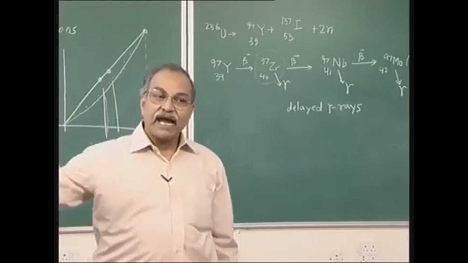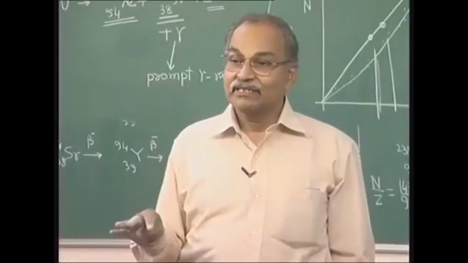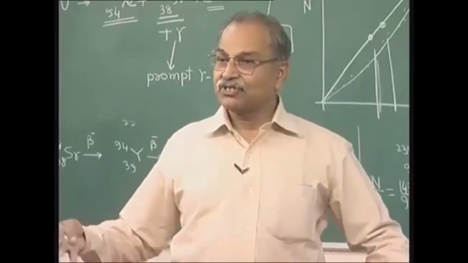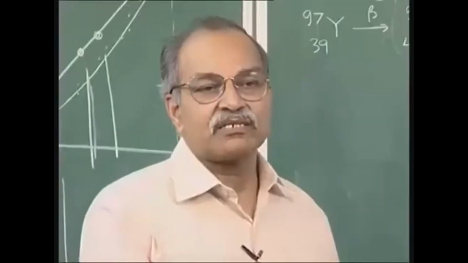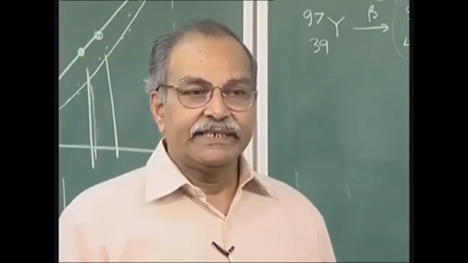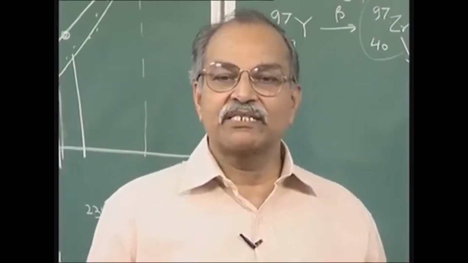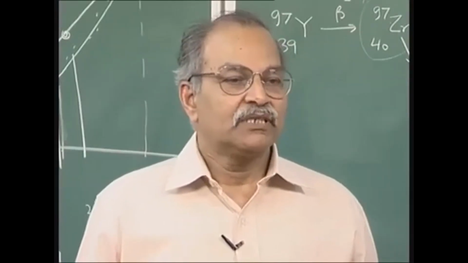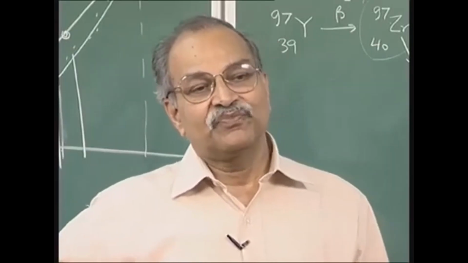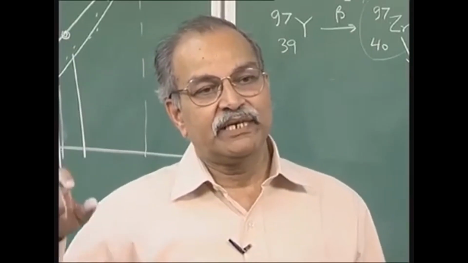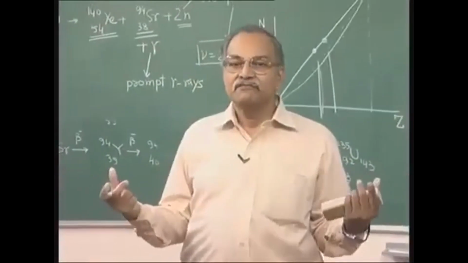So, you have prompt neutrons and delayed neutrons. Similarly, you have prompt gamma rays and delayed gamma rays. The total energy made available through the reduction of rest mass in this fission process is distributed, with the kinetic energy of the fragments taking the major part. Of about 200 MeV per fission, some 160 MeV, about 80%, is taken up by the kinetic energy of the main fragments.